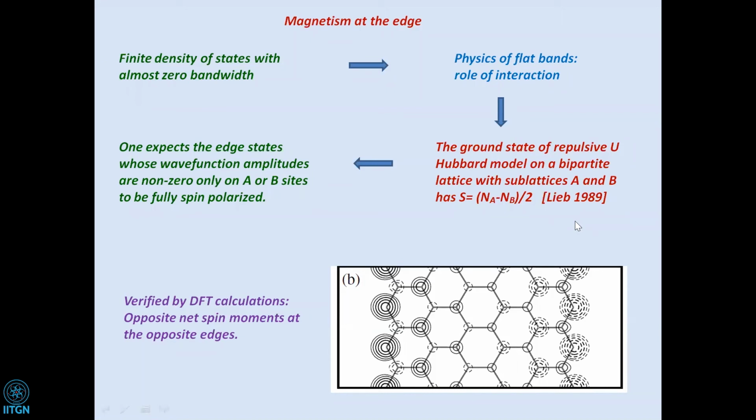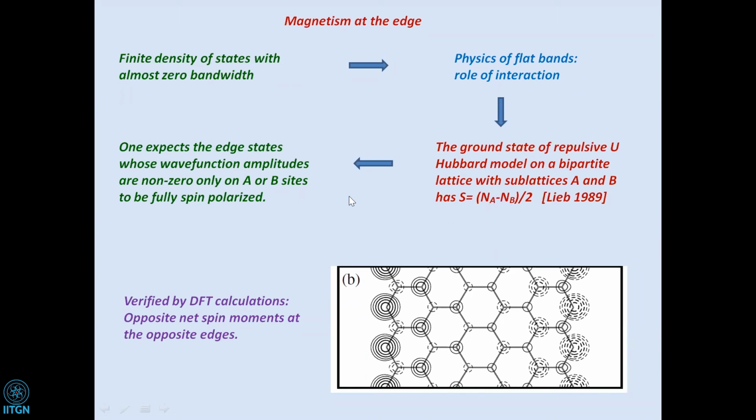This also means that if you put in an interaction, because the graphene lattice is bipartite, by a theorem of Lieb you could say that this must come with an inbuilt magnetization. Lieb showed that if you have an on-site interaction on a bipartite lattice, the state must have a magnetic character, and the net magnetization is going to be the difference between Na and Nb, that is the occupation of the A and the B sublattice of this bipartite lattice.